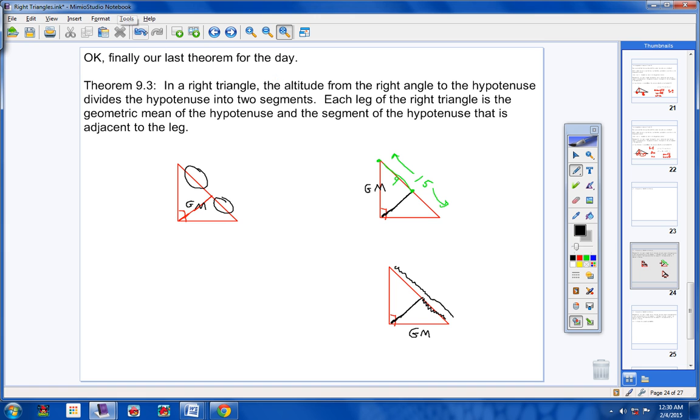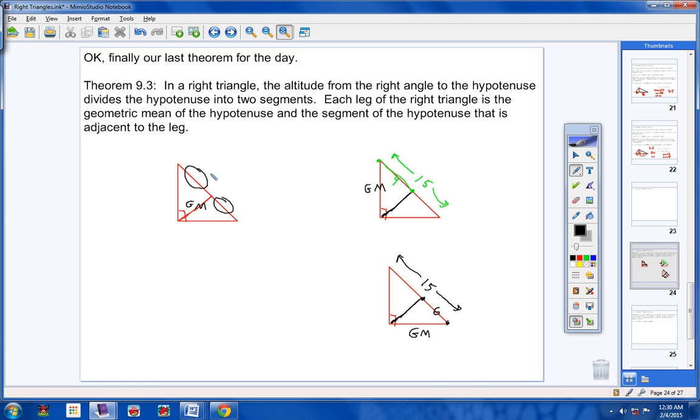So, let's say the entire length of the hypotenuse was 15 from here all the way to here, and let's say this segment right here had a length of 6. This leg is the geometric mean of this little segment and the whole segment here. Now I'm going to pause. You take notes however you need to so that you remember this.